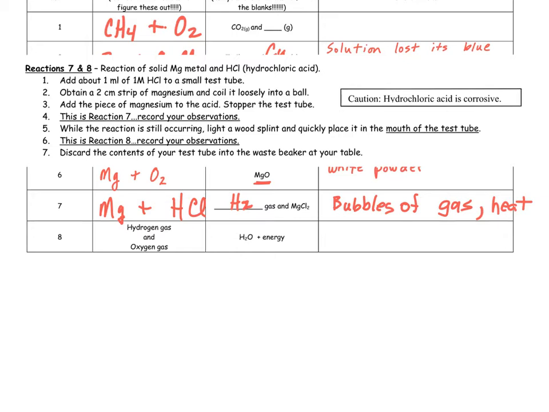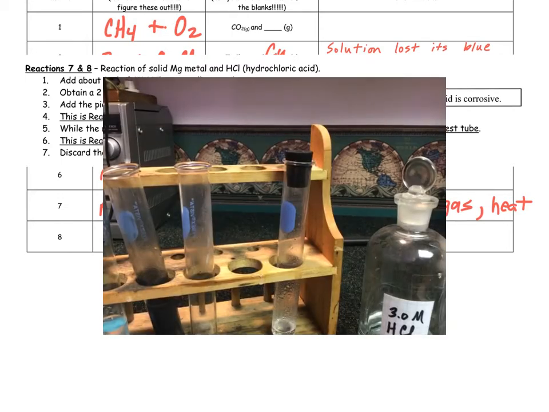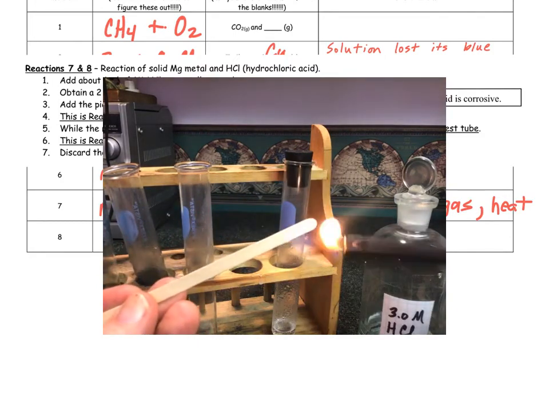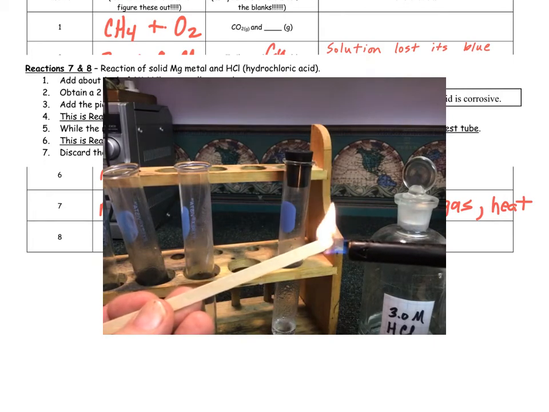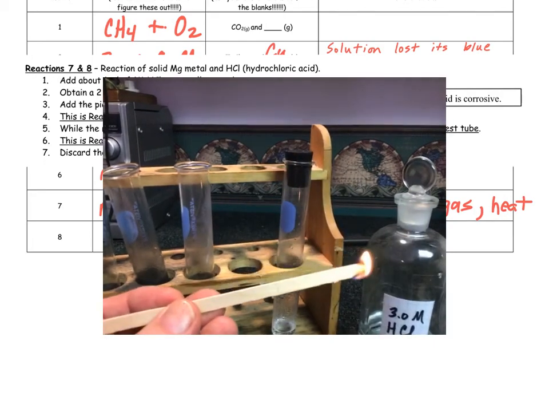All right, for the last reaction, number 8, we're going to do a test of the gas in the test tube. Let's see what that's going to look like. For reaction number 8, what we're going to do is hold a lit wood splint, a burning wood splint, over the mouth of the test tube.